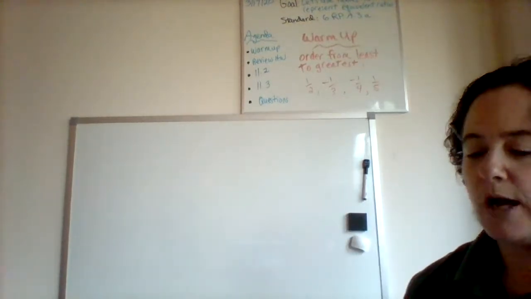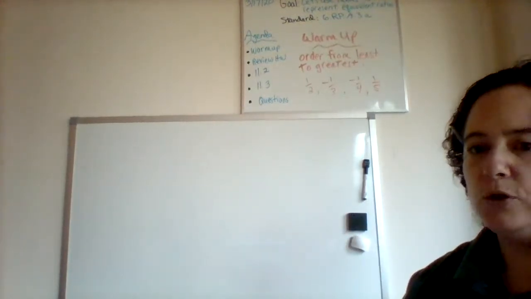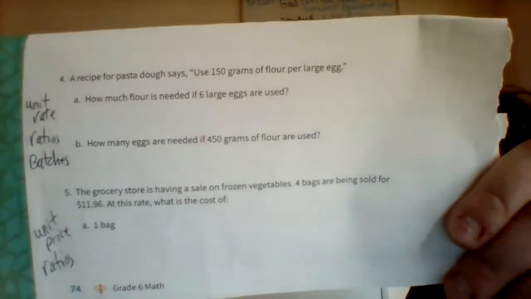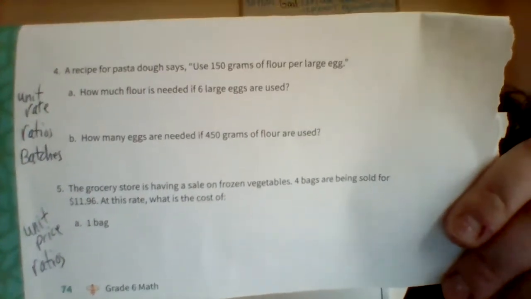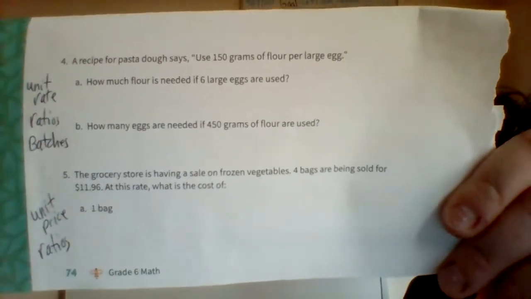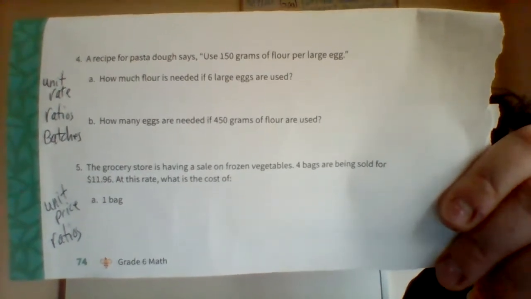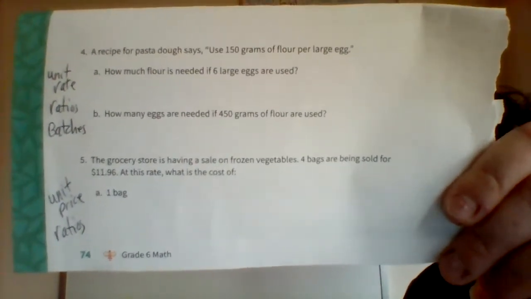I have a few notes. I put, they're looking for, yes, unit rate. You go, girl. Unit rate, ratios, and remember our batches with the recipes? Yes, unit rate. You're right, Taylor. You got it.